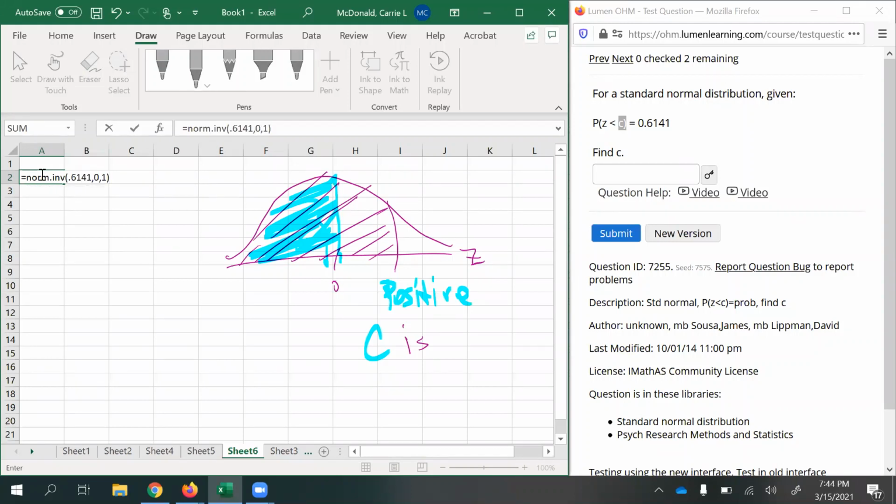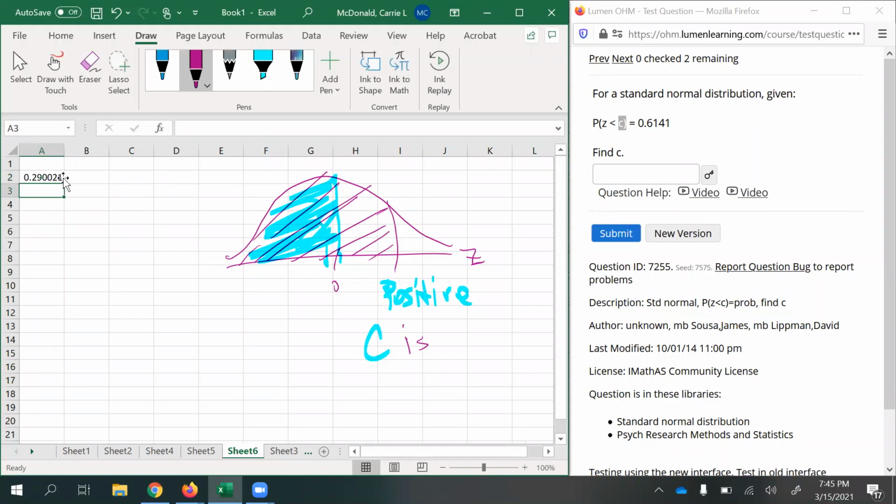You need to put in your probability first, and it has to be a left probability. So if this were to say greater than, I would have to subtract this from 1 first before I could feed it to the NORM.INV. But being that this is a left probability, I can go ahead and put it in directly as 0.6141 with a mean of 0 and a standard deviation of 1, again, because it says it's standard normal and it's a z-score boundary.